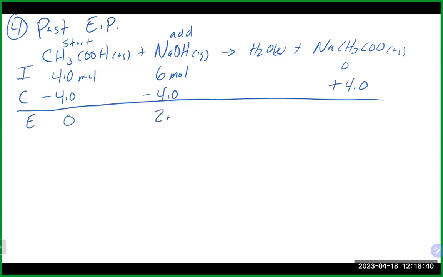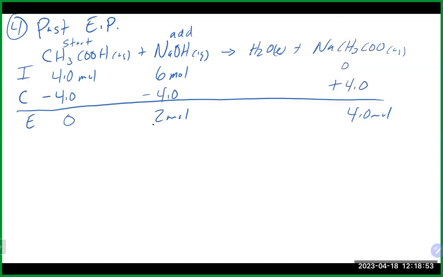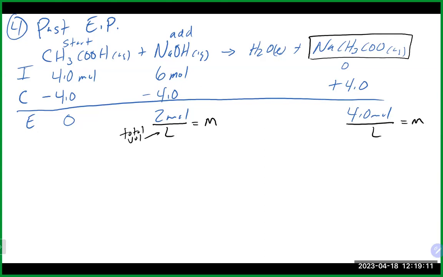We'll have a couple of moles of this guy. We'll also have 4 moles of this guy. And like normal here, now that we have got our moles of everybody, we're going to use our total volume to convert it back into molarity at this point. All right, so looking at our table here, we have some sodium acetate left over.